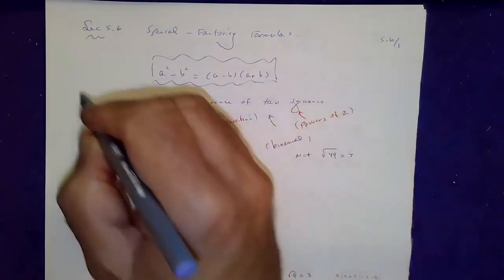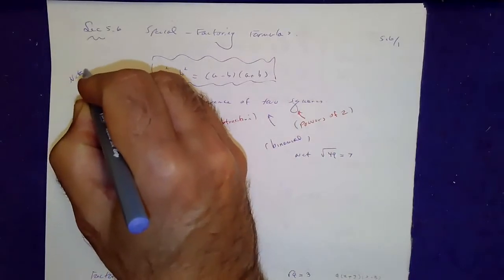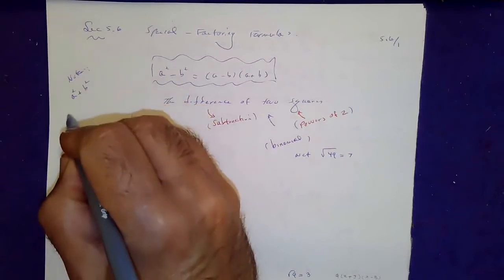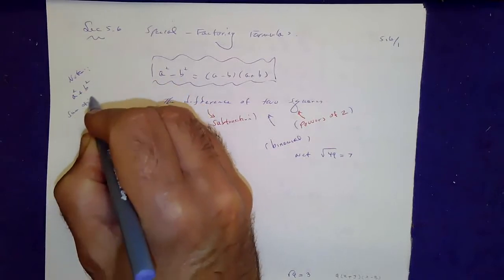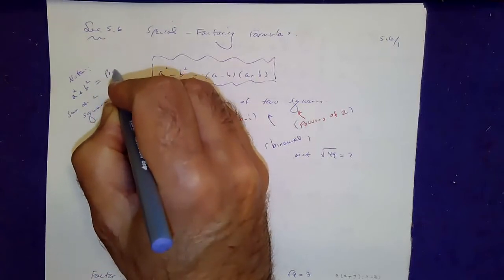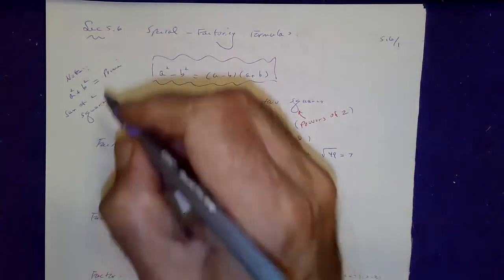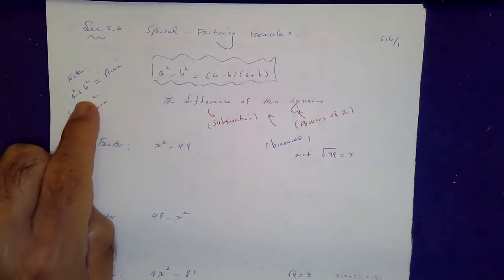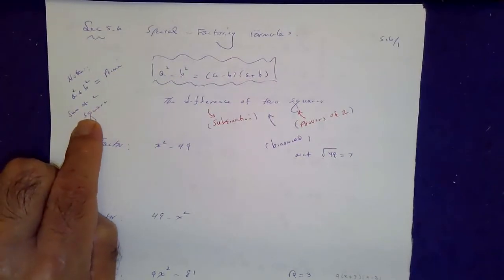Incidentally, just a little note on the side, if you have a squared plus b squared, which is called the sum of two squares, guess what? These never factor, so they are prime. That means unfactorable. So the sum of two squares is unfactorable.